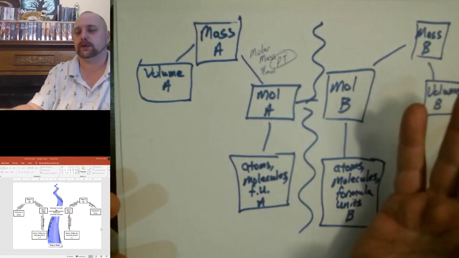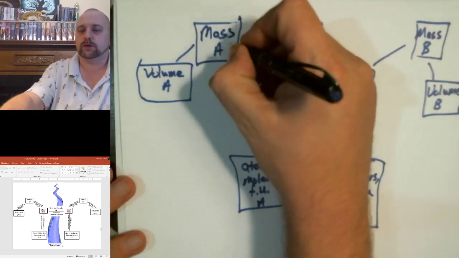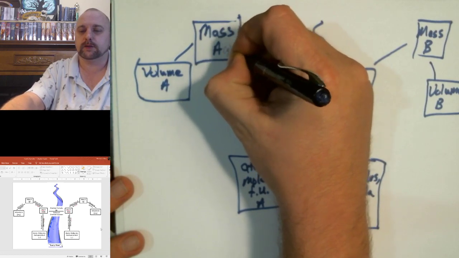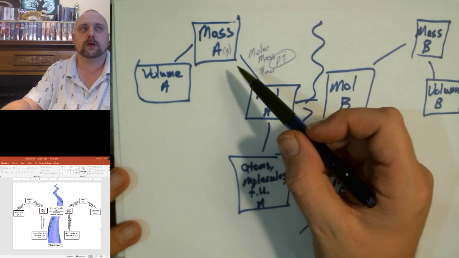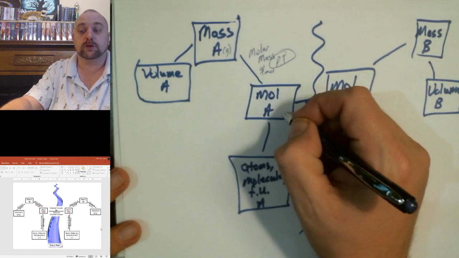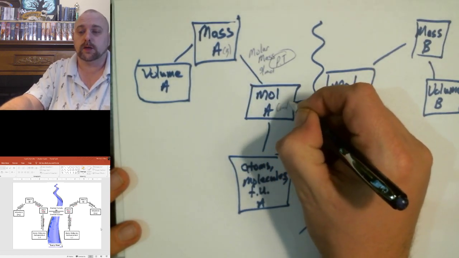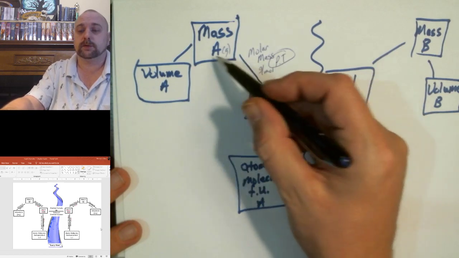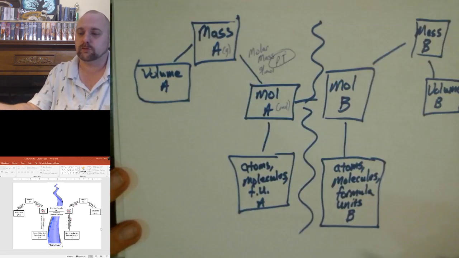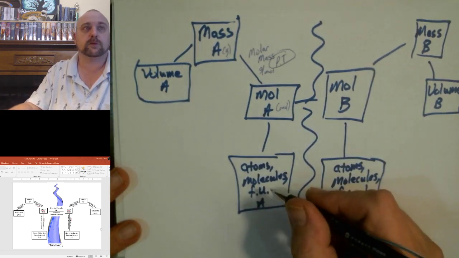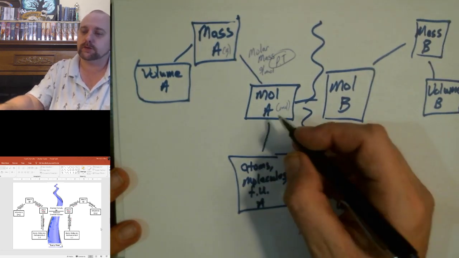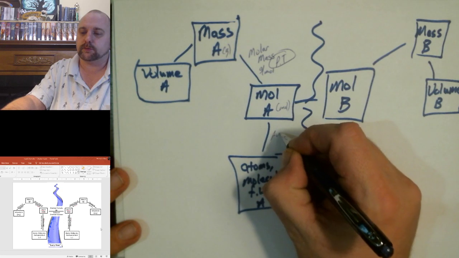And a great way of keeping up with which one you're going to use, the mass is typically in grams. They might give it to us in kilograms, but we're going to go almost always over to grams. The units for moles are in moles. And so you'll notice that the one in the middle utilizes ones on either side. Going from moles to atoms or molecules or formula units, we used Avogadro's number.